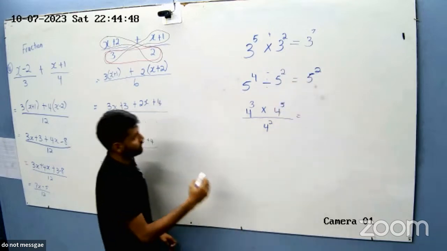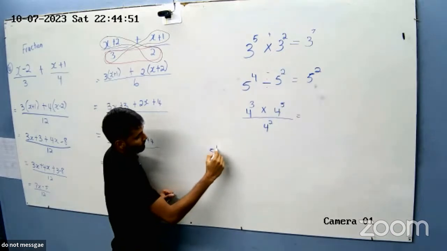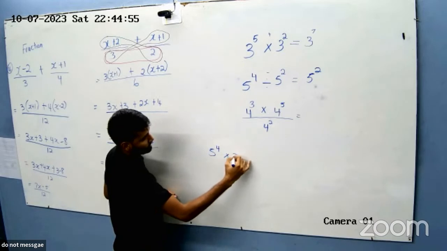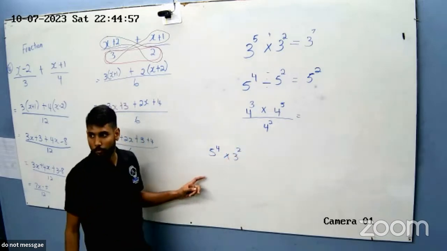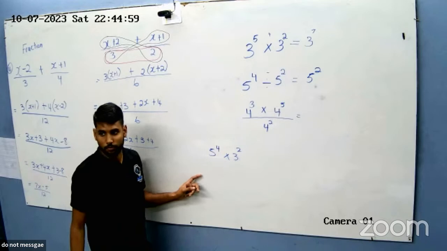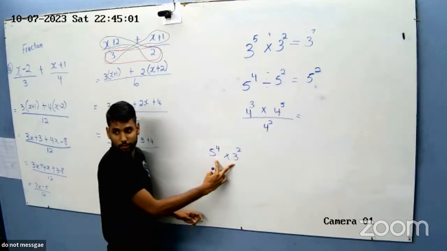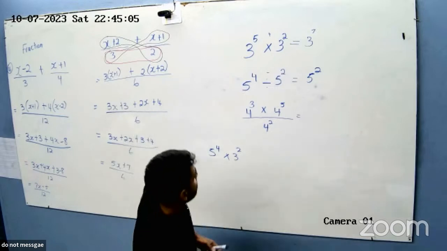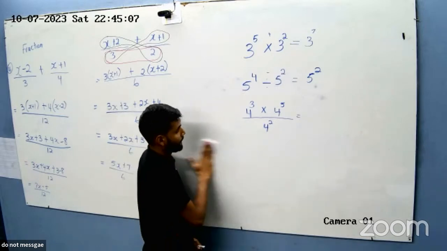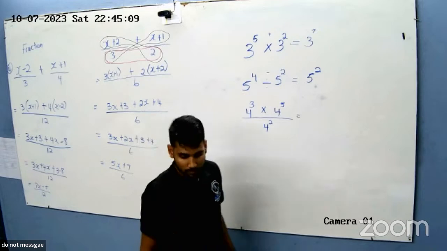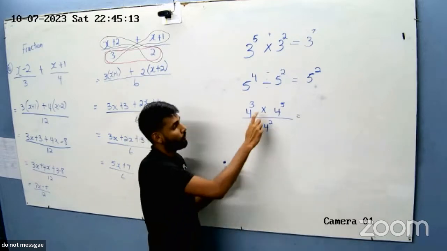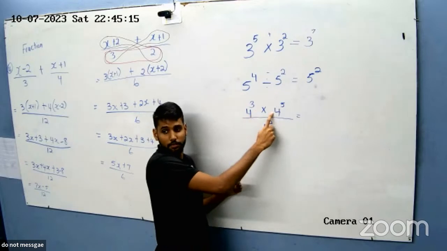If I had this, right? Could I add them? No, right? Because the base value is different, right? So this is a multiplication here, right?